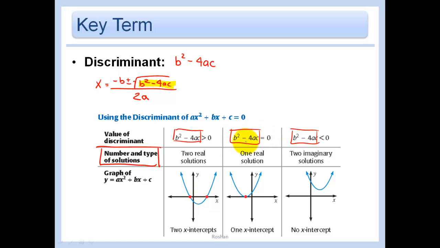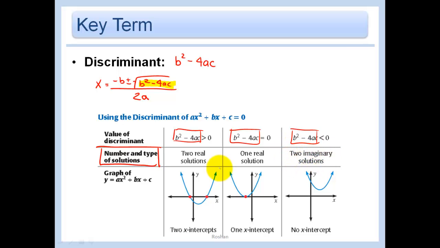If that equals 0, well, plus and minus 0 is only one thing, because plus 0 is 0 and minus 0 is also 0. So I only have one solution there. And if it's less than 0, then this is an imaginary number and I would have no real solutions, just two imaginary solutions.